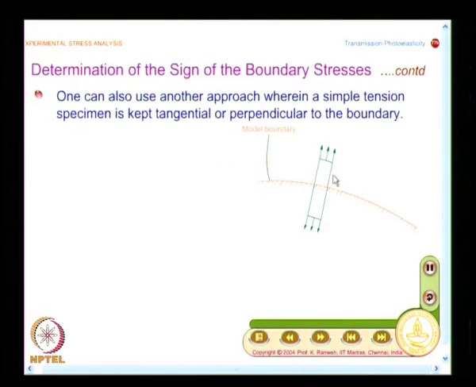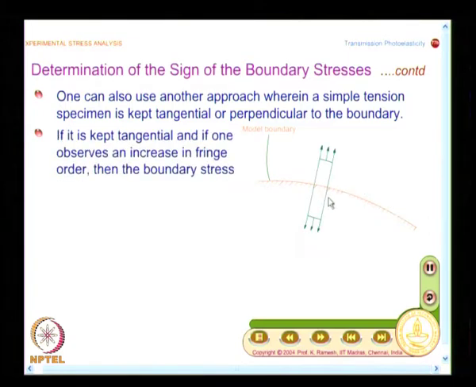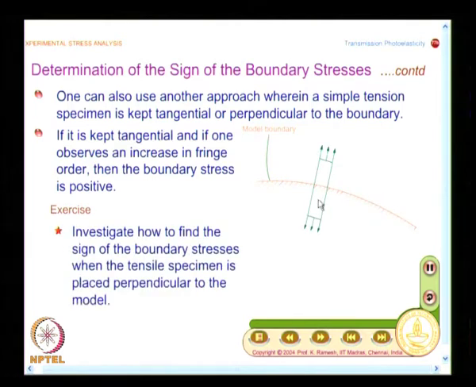I can even use a simple tension specimen. I can take a specimen subjected to tension and keep it either tangential to the boundary or perpendicular to the boundary.